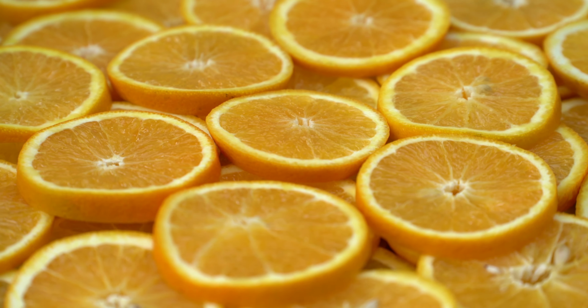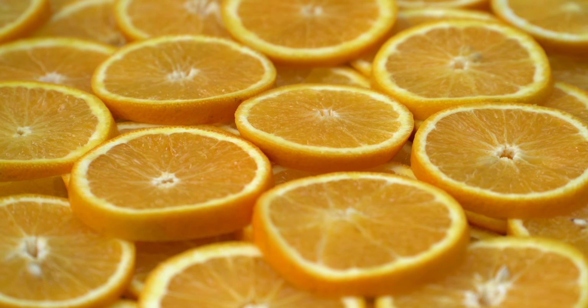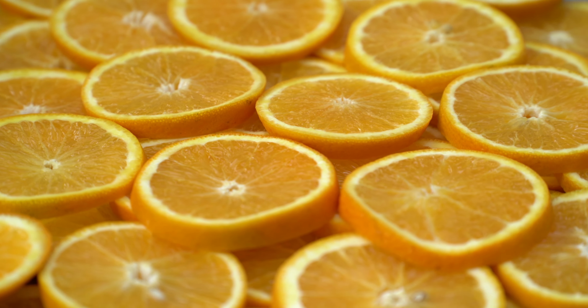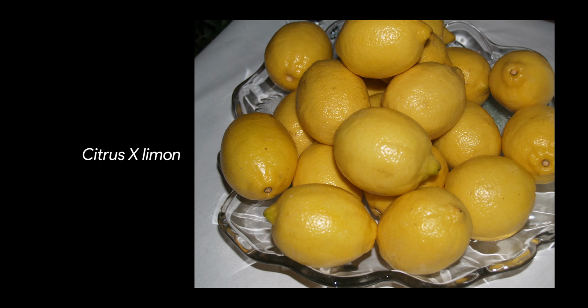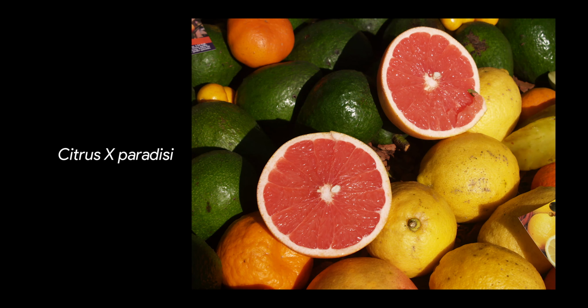This grouping includes sweet and bitter oranges. Lemons are hybrids of bitter oranges and the citron, but it's often written as Citrus × limon. Grapefruits are hybrids derived from back-crossing sweet oranges with pomelos.